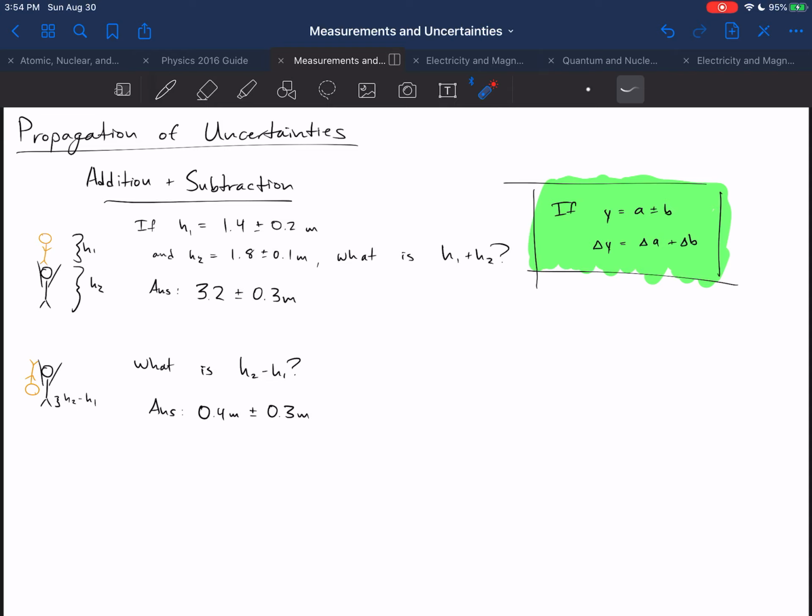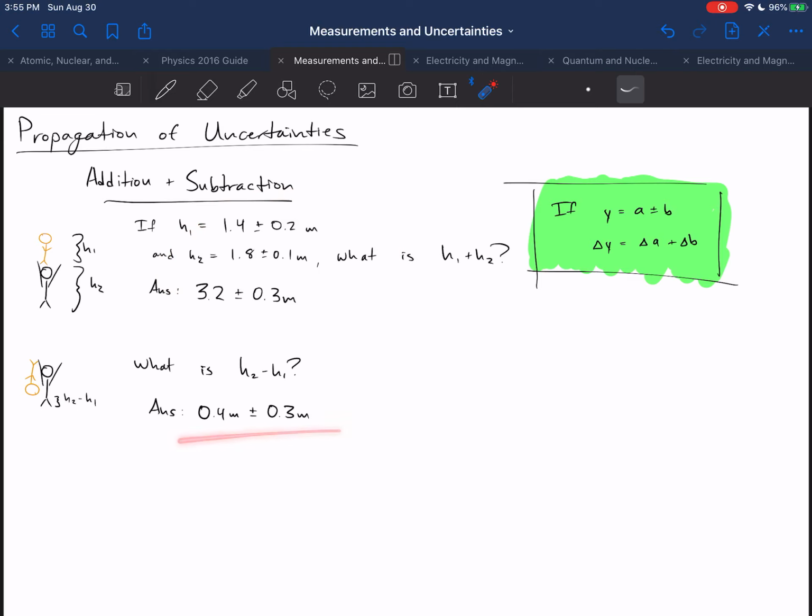So in order to get the estimated uncertainty on the subtracted value, you also add the absolute uncertainties on h1 and h2, giving you a final measurement for the difference between their heights of 0.4 meters plus or minus 0.3 meters. Notice this is a much larger relative uncertainty for the subtracted case than for the added case.